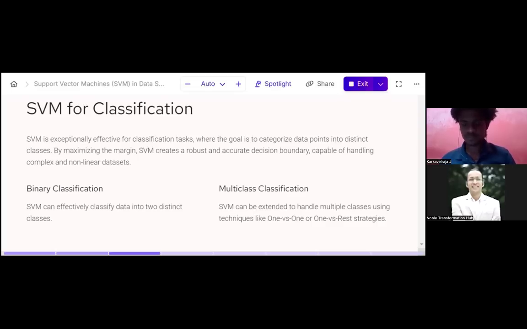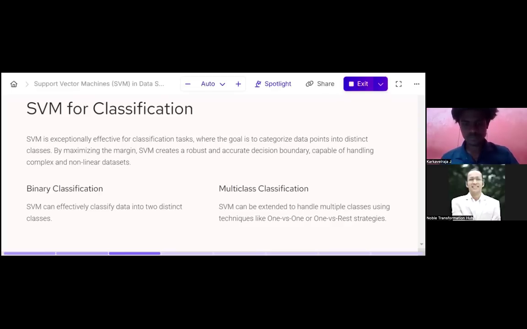That is why SVMs are very powerful, capable of handling complex and non-linear data sets. As I said, support vector machines are actually for non-linear and complex data sets, because they have different hyperplanes and different classes. It's not for linear data sets, because it will have different classes. This is the nature.